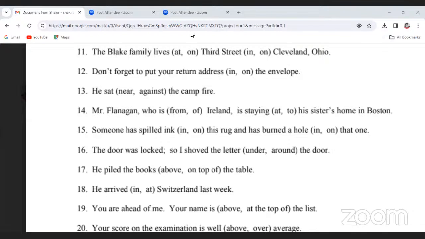Okay, class, let's discuss the answers. Number 11.